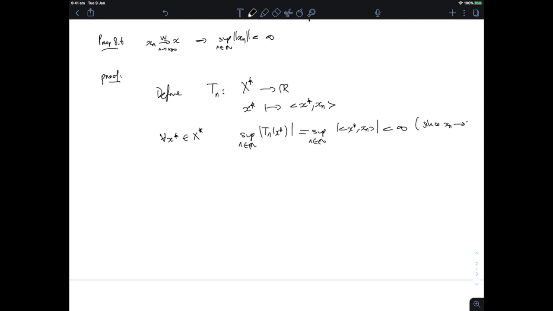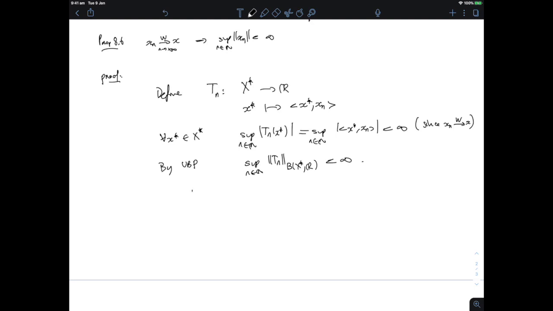because xn converges weakly to x, thanks to the proposition we saw earlier that this is equivalent to all these sequences of real numbers converging. So this supremum has to be finite for every x star in capital X star, and so the uniform boundedness principle tells me that the supremum over n of the norm of Tn, as element of the bidual, really, so bounded linear map from X star into R, has to be finite.